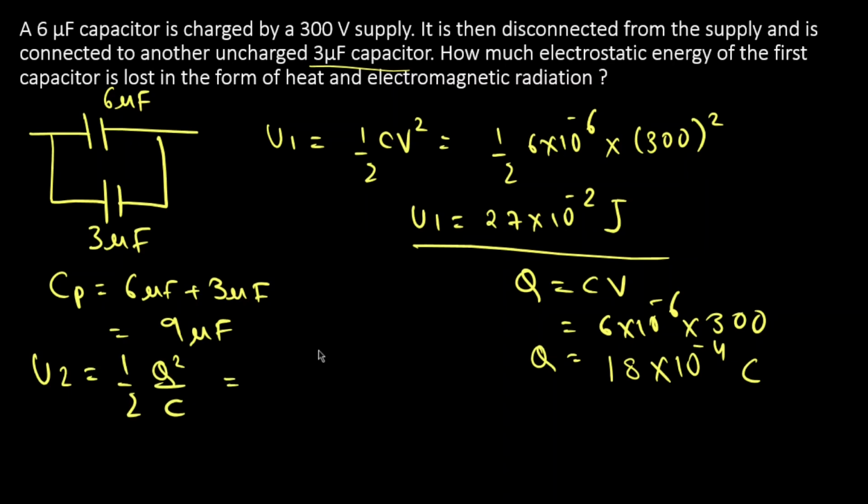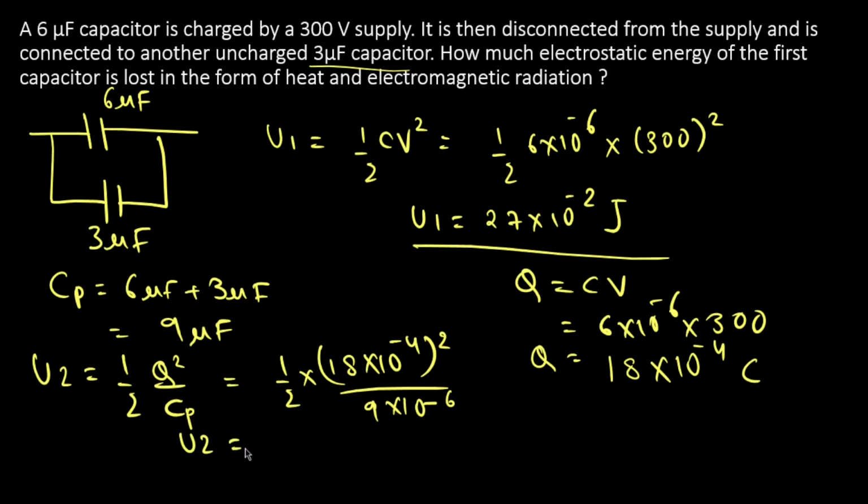So in the second case, the energy can be given as U2 equal to half Q square by C. And since the charge remains the same, we can say that it is half into 18 into 10 raised to minus 4 square divided by the total capacitance, that is Cp, 9 into 10 raised to minus 6 farad. So we get U2 equal to 18 into 10 raised to minus 2 joules.